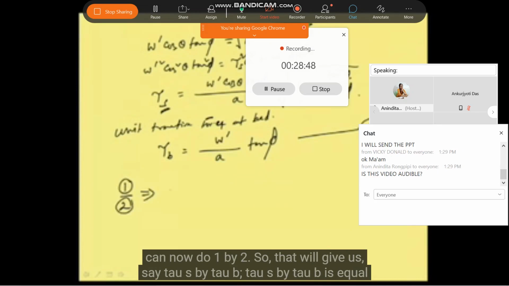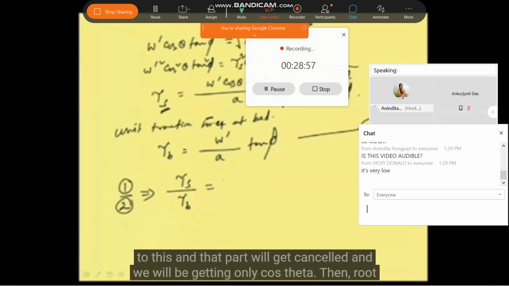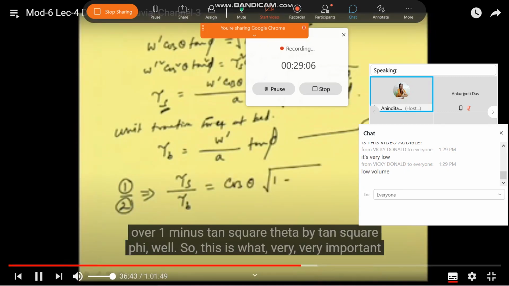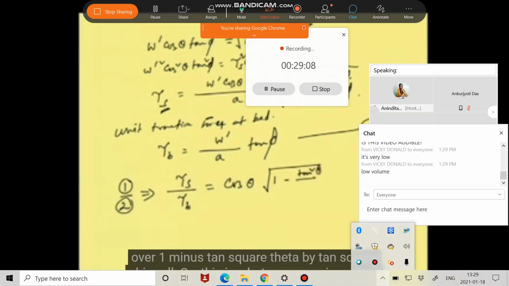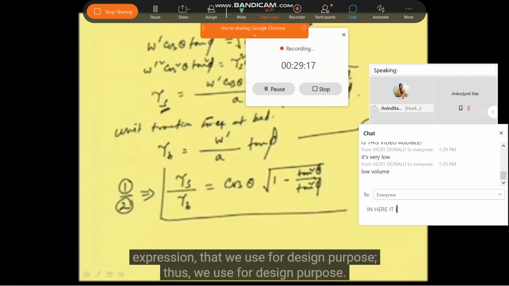That will give us tau S by tau B, which is equal to this, and that part will get cancelled, and we will be getting only cos theta root over 1 minus tan squared theta by tan squared phi. This is a very, very important expression that we use for design purposes.